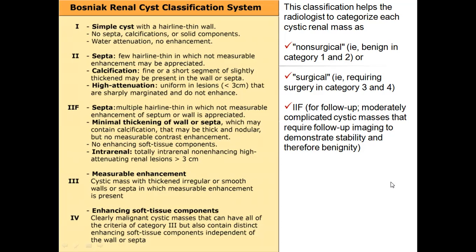We should remember that categories 1 and 2 are so-called non-surgical and require no treatment. Usually they are only occasional findings that produce no symptoms. On the contrary, categories 3 and 4 require surgery. It's so-called surgical cysts.